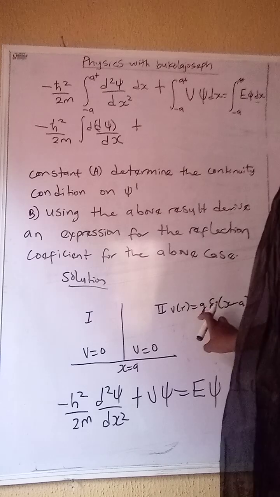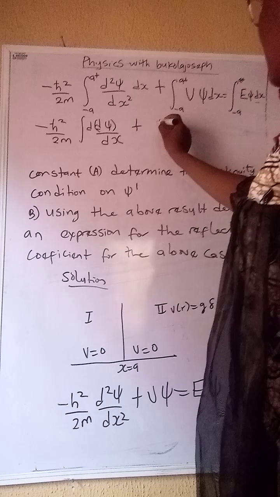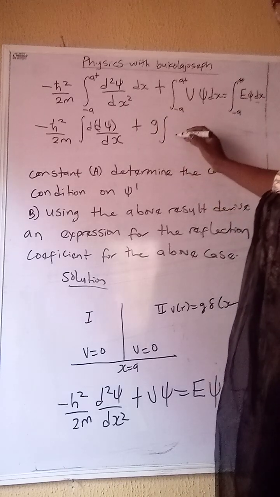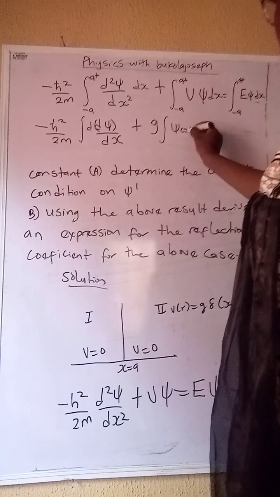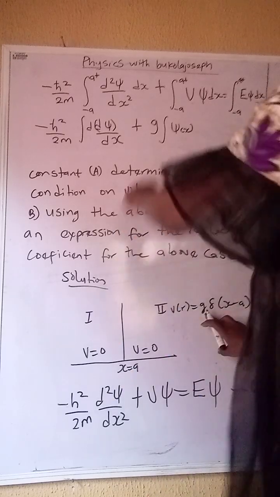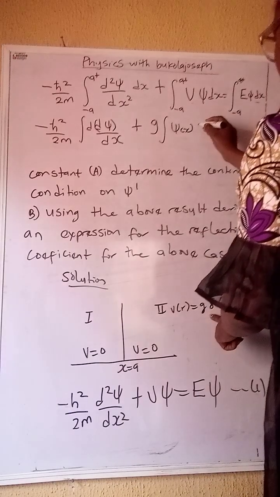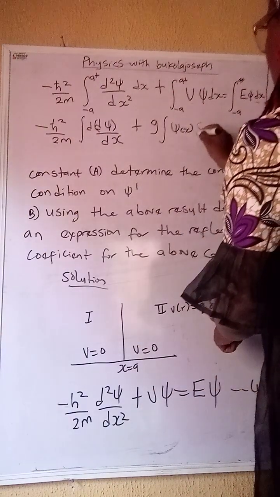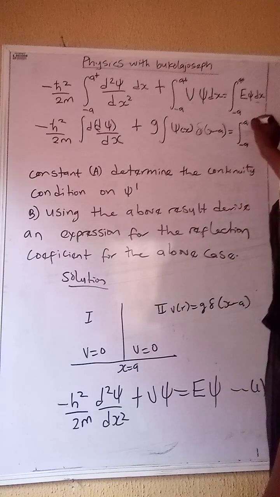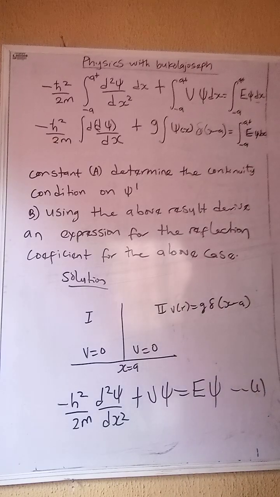We'll bring out the g, and we are left with g times psi of x, delta of x minus a, dx, equal to the integral of E psi dx.